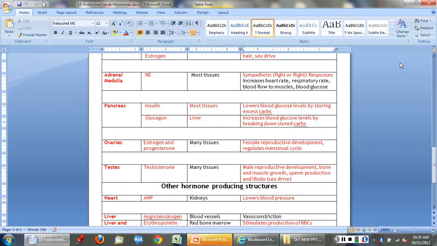Anybody find what that is? ANP. Atrial natriuretic peptide. Okay, so there's that uretic again.